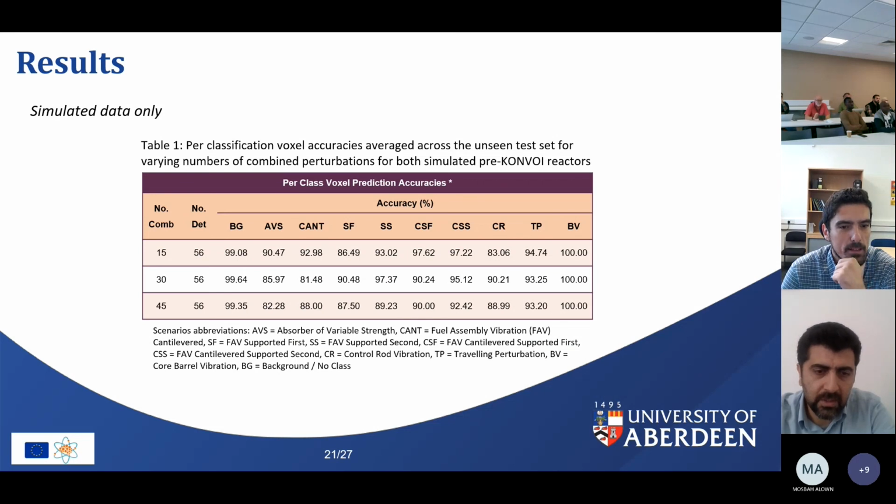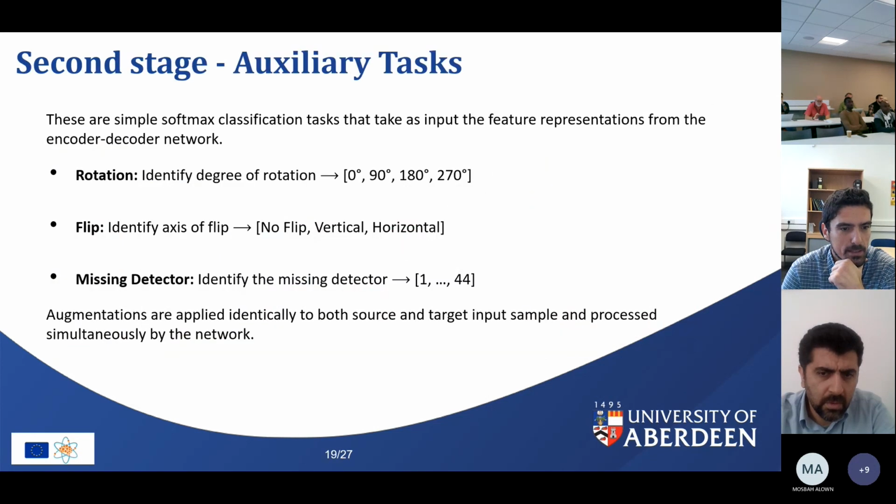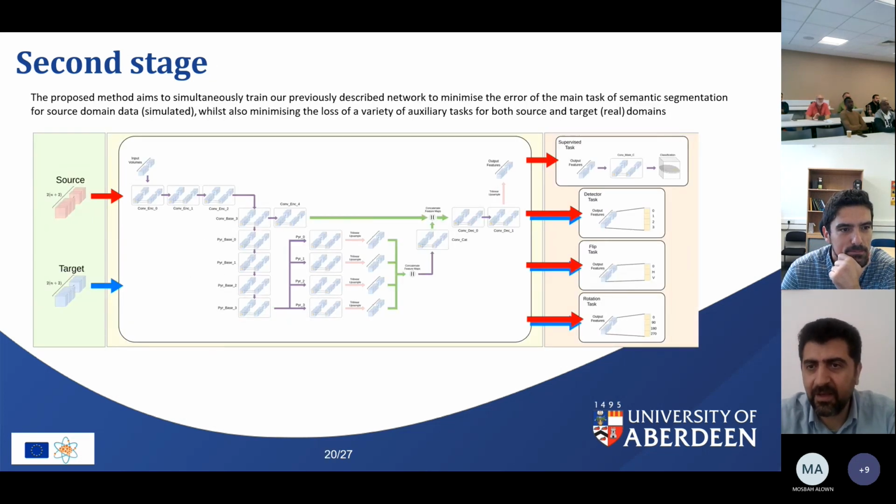This one doesn't have the auxiliary features. You mean this one, 19? I don't know. Let me go to 21. Okay, 20. Yes, 20. This one. Yes, there is that network.